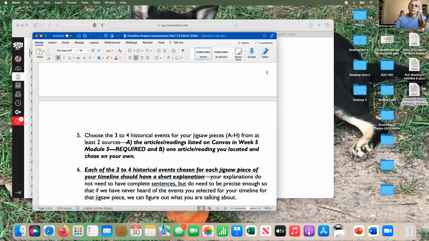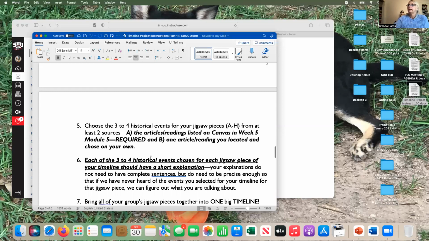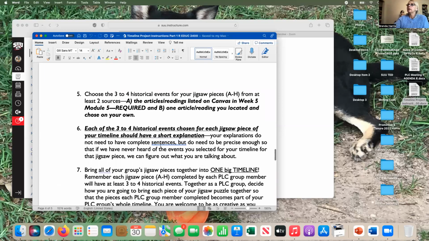You could use one that's on Canvas already provided for you, but find another. So each person in the group is going to need at least one other source. I put a source on Canvas for you. You go find a source also, a credible source.